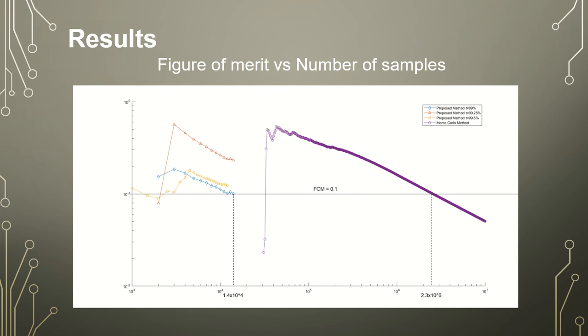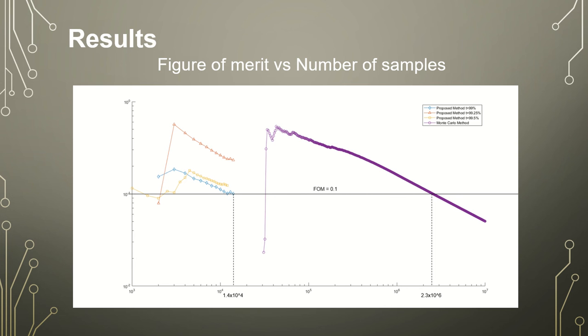Let's look at the figure of merit versus number of samples. This figure directly tells us which one is the best case. For the proposed algorithm, when t is equal to 99%, which is the blue curve, when the number of samples is approximately equal to 10,000, this algorithm converges.